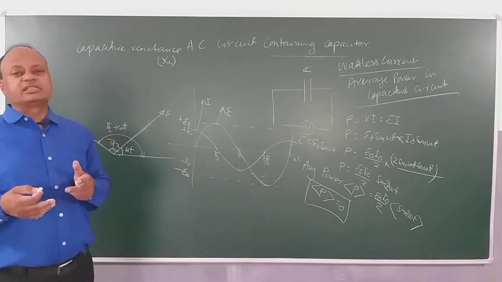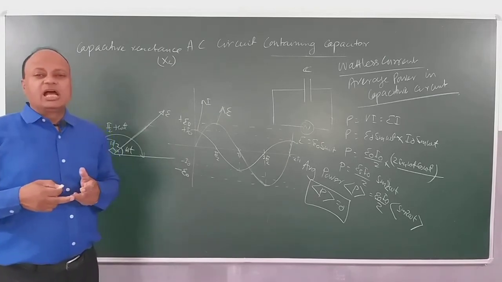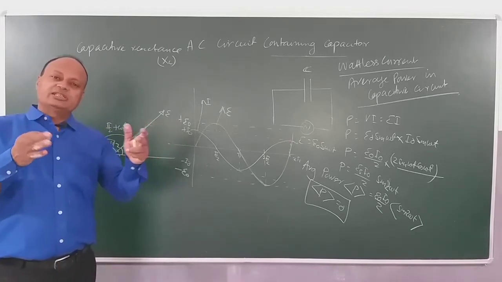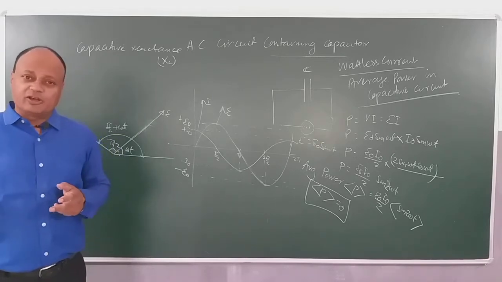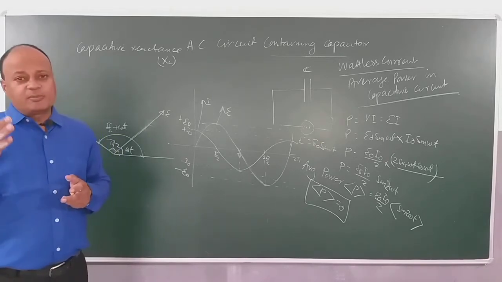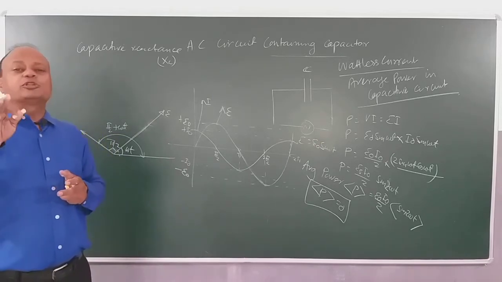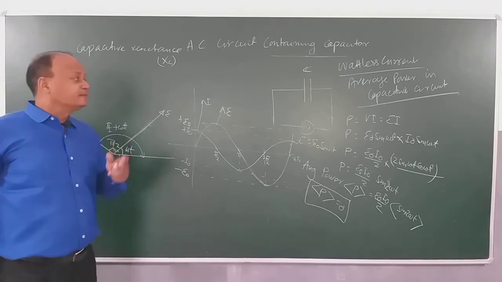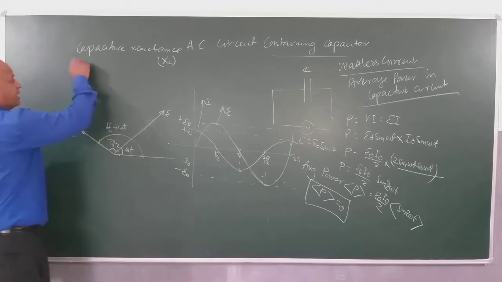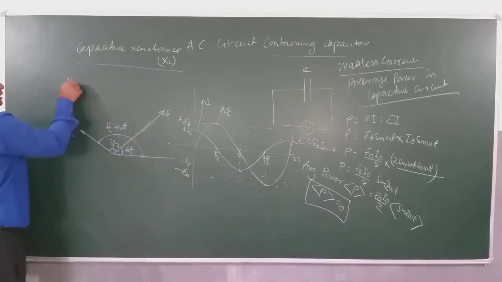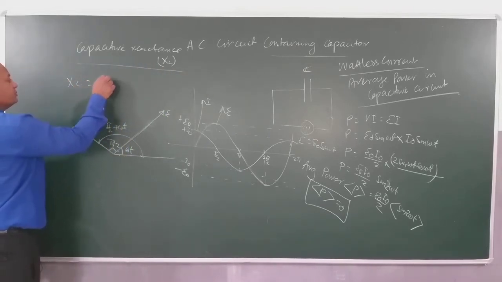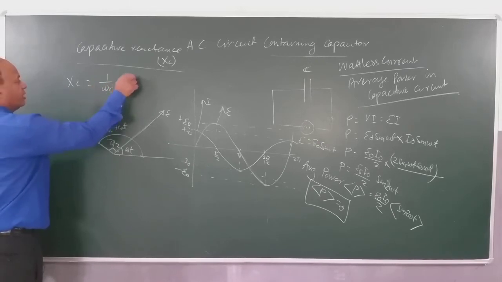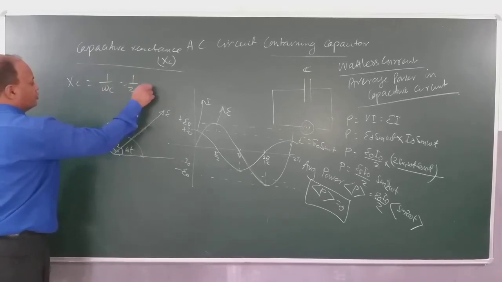We are seeing reactance in case of capacitor, and we find that reactance actually is like resistance but does not cause any power loss. But what is common between reactance and resistance? That both offer opposition to the flow of current, right? So capacitive reactance, children, Xc is equal to 1 upon omega C, or 1 by 2 pi nu into C.